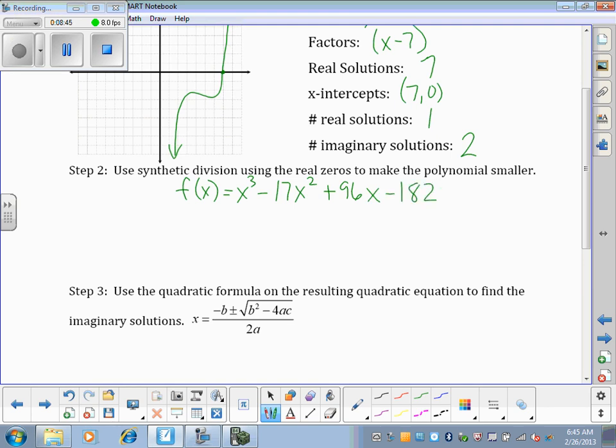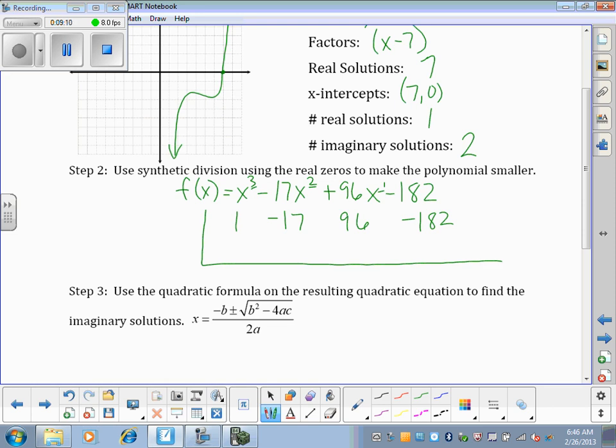If you remember, we have to make sure that all of the exponents are accounted for. In this case, 3, 2, 1, and then 0. So we're good. We're just going to recopy the coefficients: 1, negative 17, 96, and negative 182. And then we are going to divide it by our solution, which is 7.